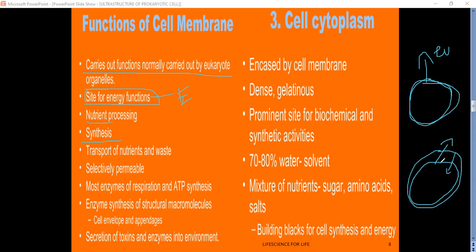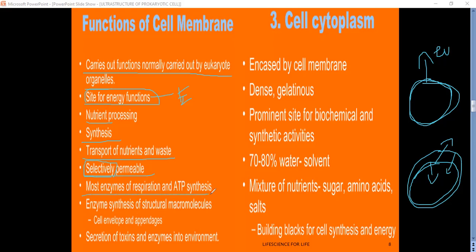It is the area where the membrane synthesizes itself, and where nutrients and waste materials are transported to and fro through the membrane. And it is selectively permeable, which means the molecules useful to the cell are transported inside, and others cannot be. It selectively allows molecules inside.